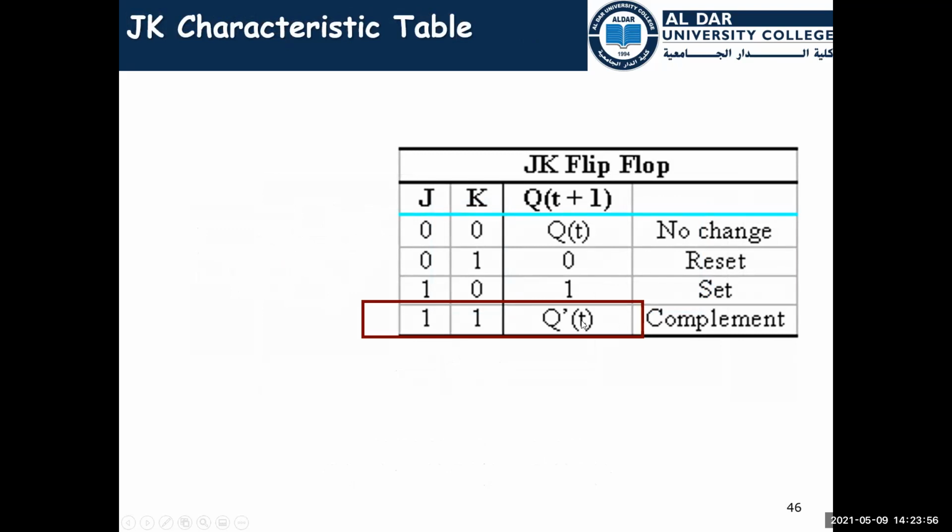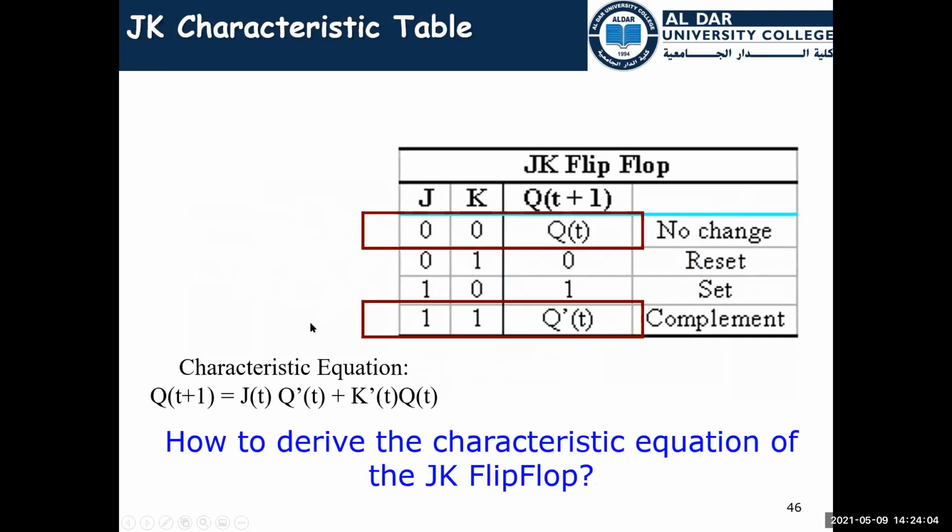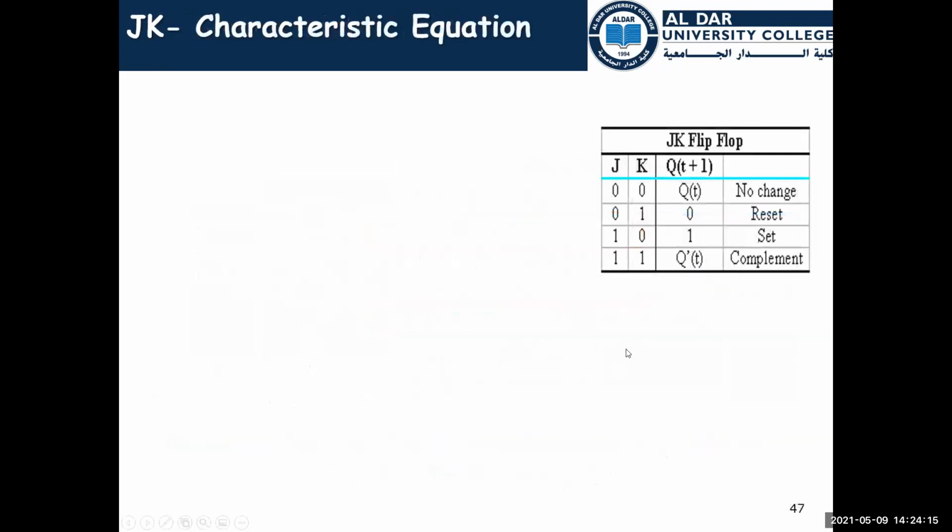We have the input 1 1 means complement, 0 0 means no change, and the characteristic equation is J Q' plus K' Q. How to get this equation?